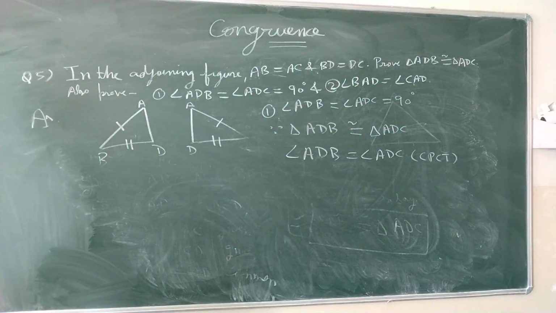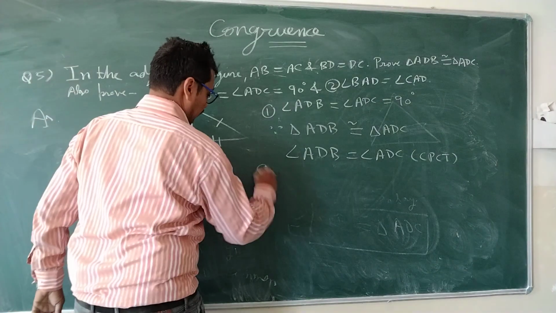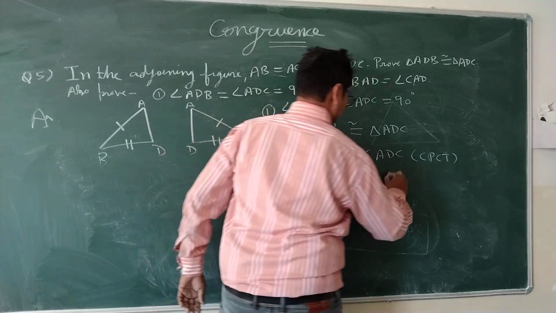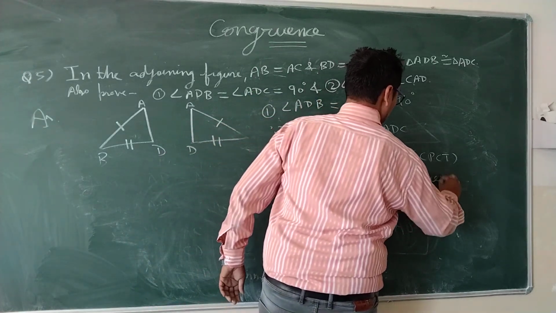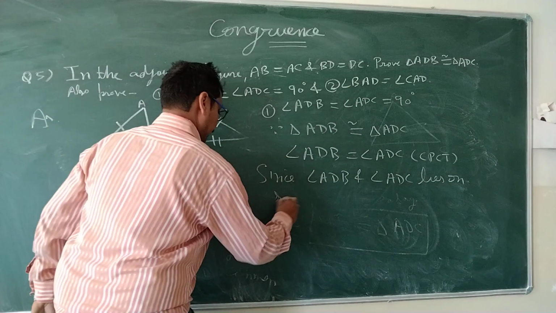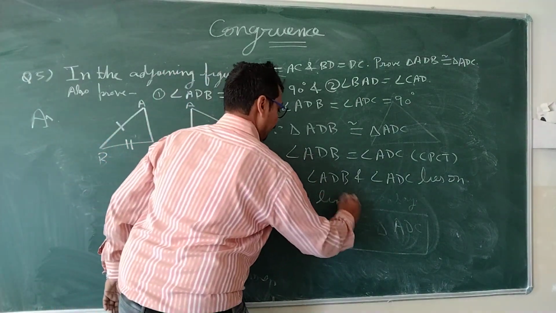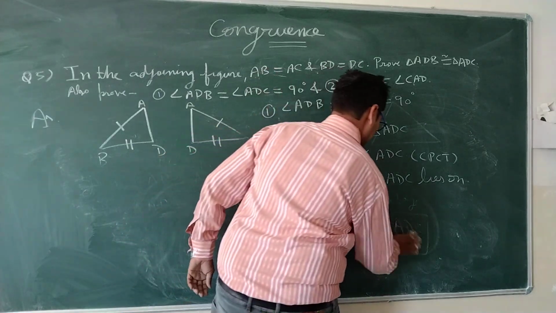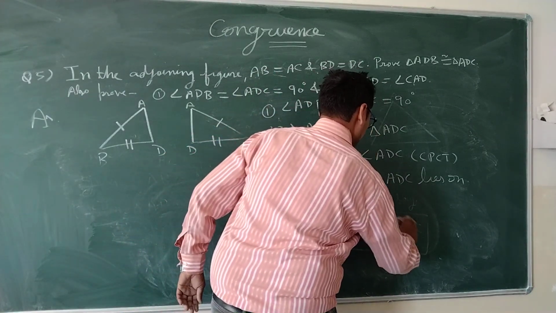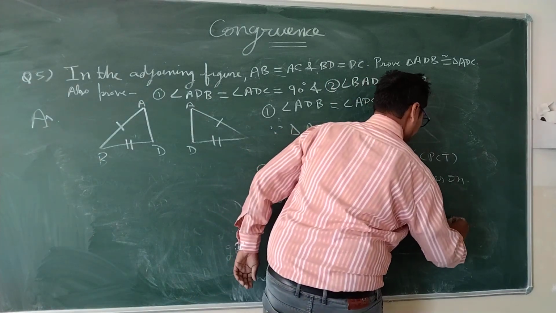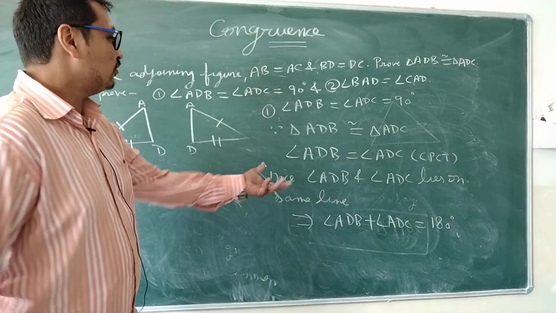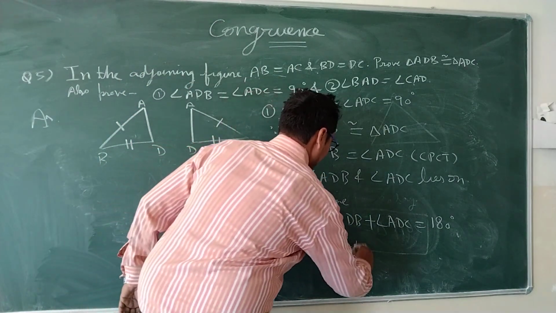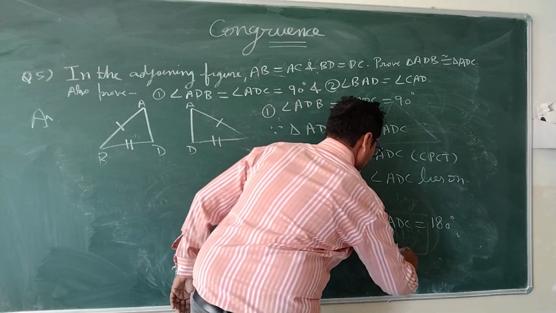So we can say angle ADB and angle ADC lie on same line. So we can say angle ADB plus angle ADC is equal to 180 degree. The sum of straight line is 180. So we can say simply twice angle ADB is equal to 180 degree.